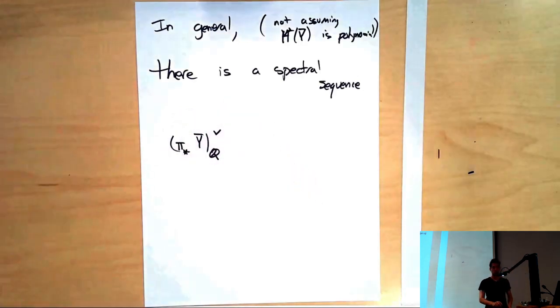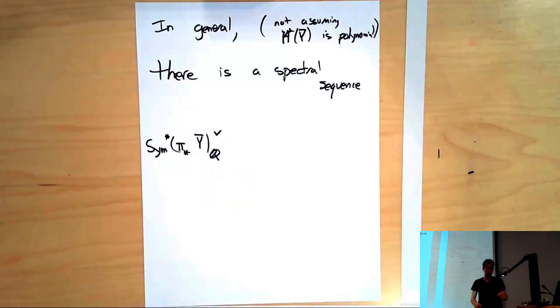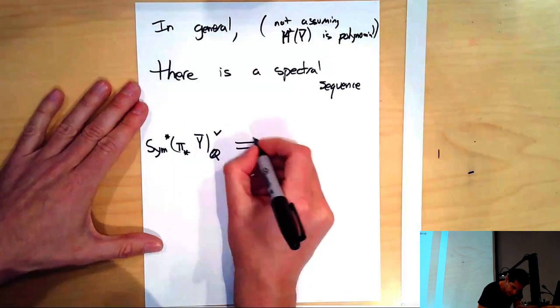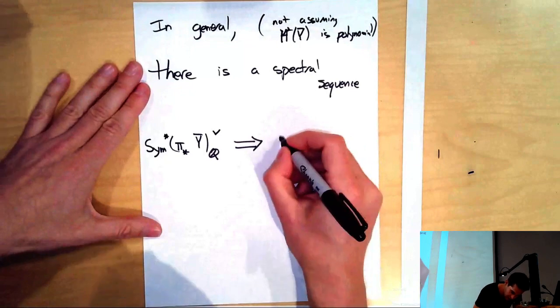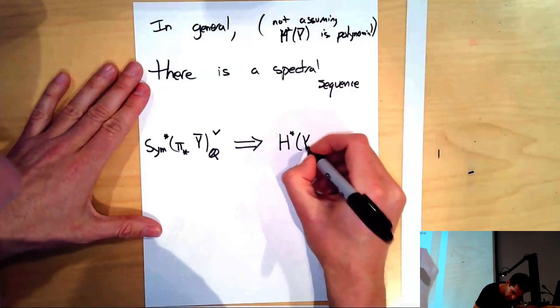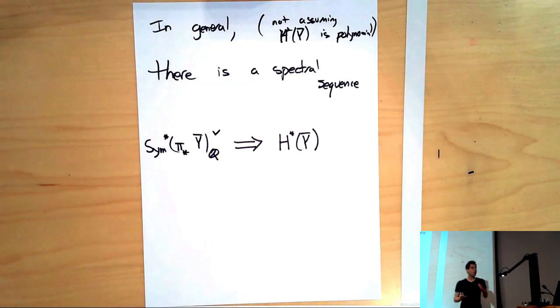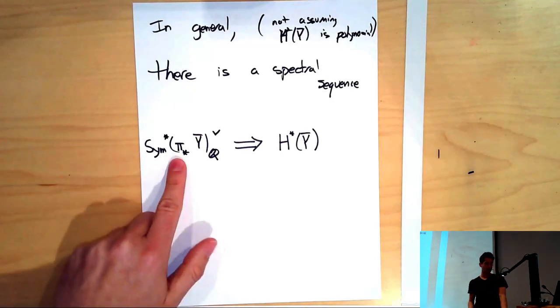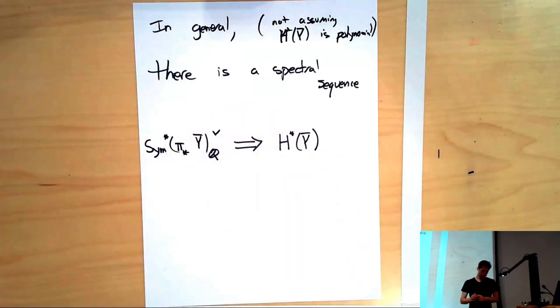You take the L-adic homotopy groups of Y bar and dualize them and take the symmetric algebra. And this is the E2 page of your spectral sequence. And at the end, you get the associated graded for some filtration on the L-adic cohomology of Y bar. And the case where the cohomology of Y bar is a polynomial ring is the case where this spectral sequence degenerates. The E2 page and the E infinity page are the same, and in that case, this symmetric algebra just is the associated graded of the cohomology of Y bar.